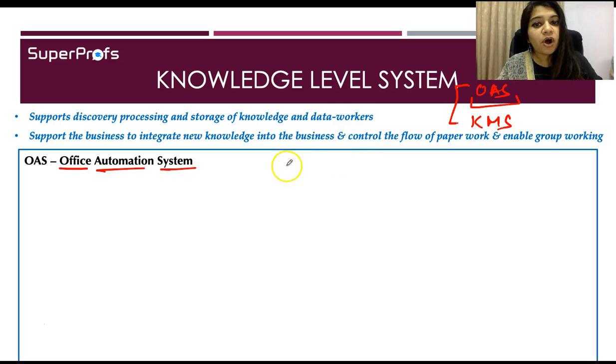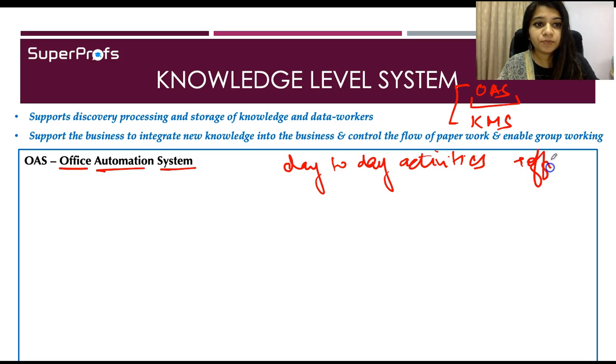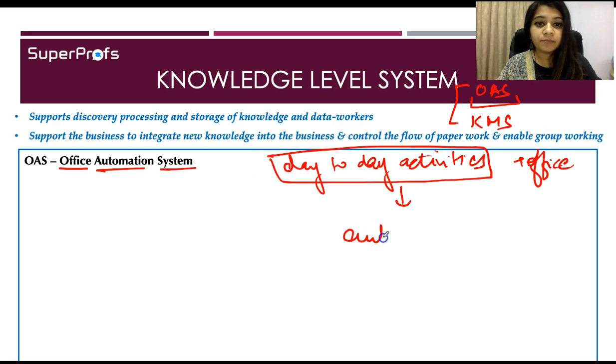So basically all the day-to-day activities which are to be done in an office, let's say your documentation, paperwork, filing reports, or searching for particular activities, all these activities are done by an office automation system when automated.